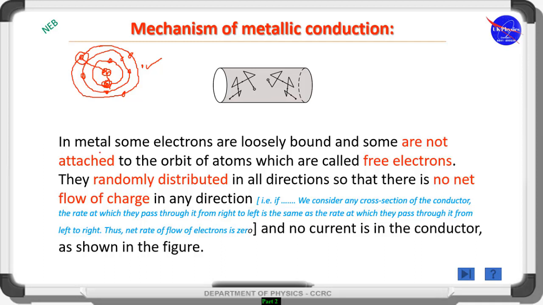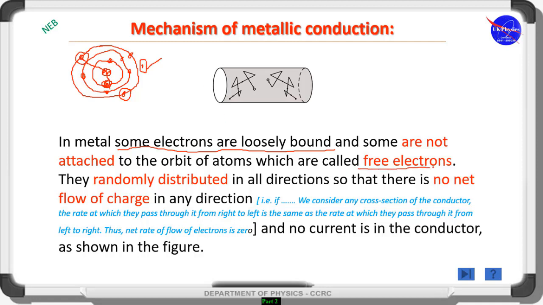So in metals, some electrons are loosely bound, like this electron, and some are not attached to the orbit of the atom, like this one. These are the free electrons that we can suppose here.